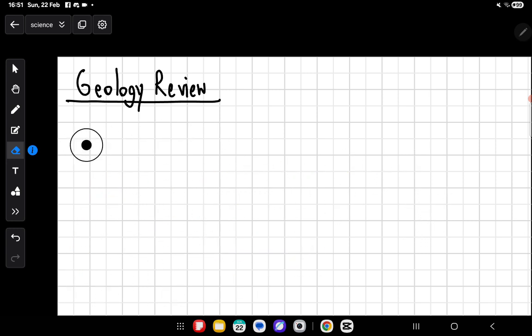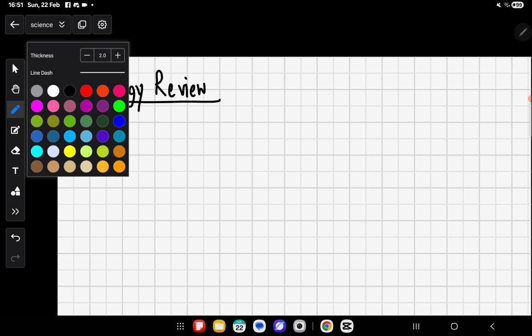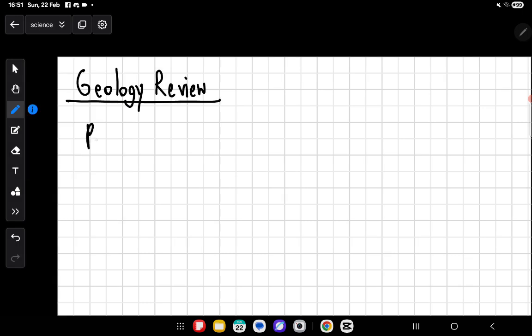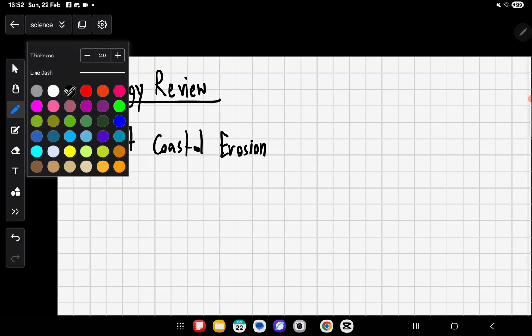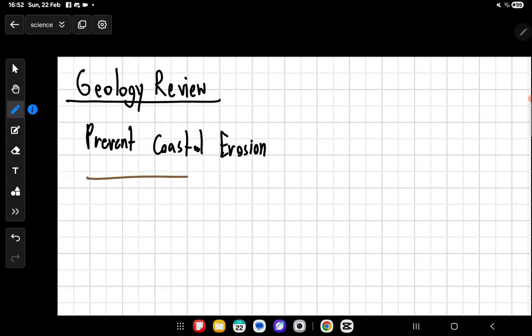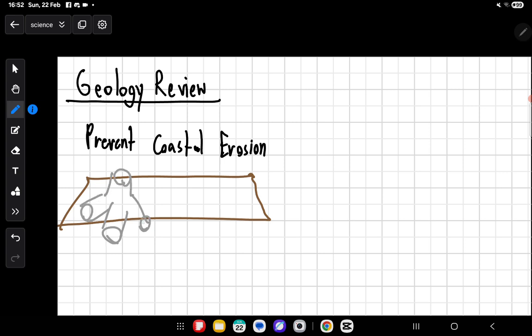Alright. Let's go look at the prevention of coastal erosion. How do we prevent coastal erosion? So let's see. We have our land here, right? Then we have these things that we call breakers, or groins, or jetties.